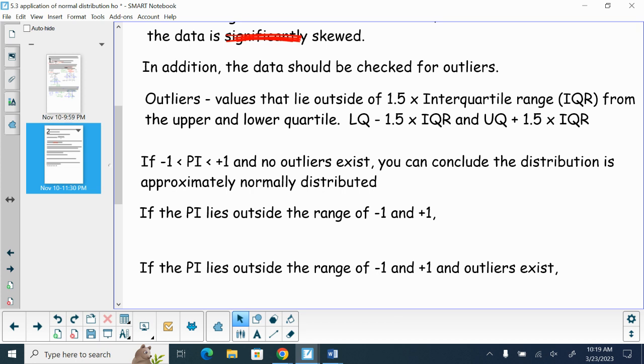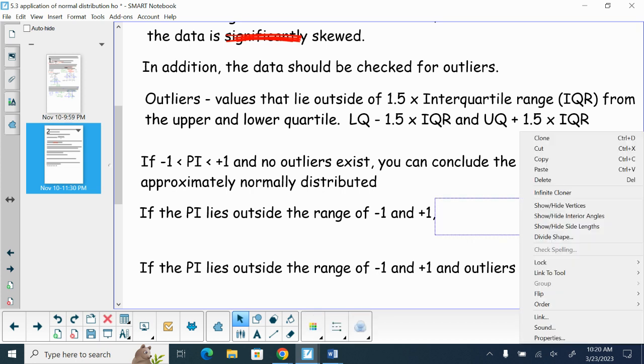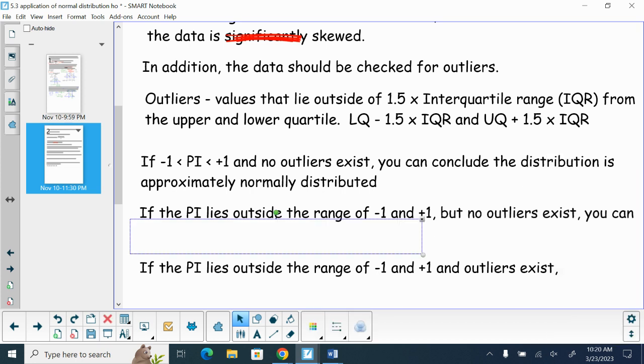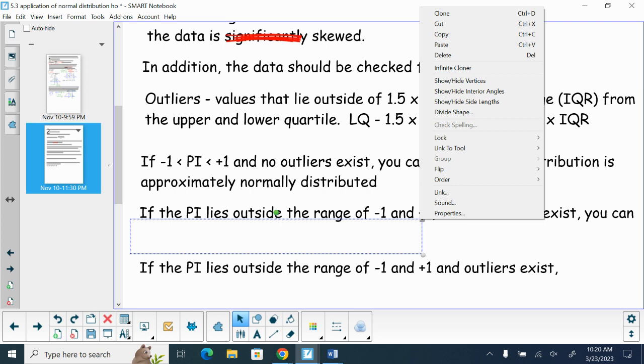Now this is where things start to get into a judgmental zone. You start making judgments here by the person that is doing the observation or experiment. If your Pearson index lies outside that range, -1 to 1, but it's barely outside that, but you still have no outliers.